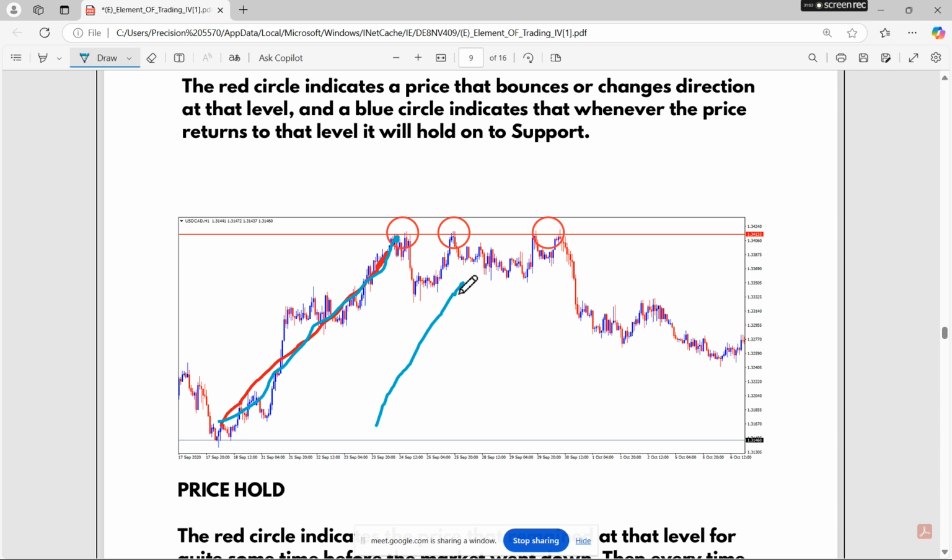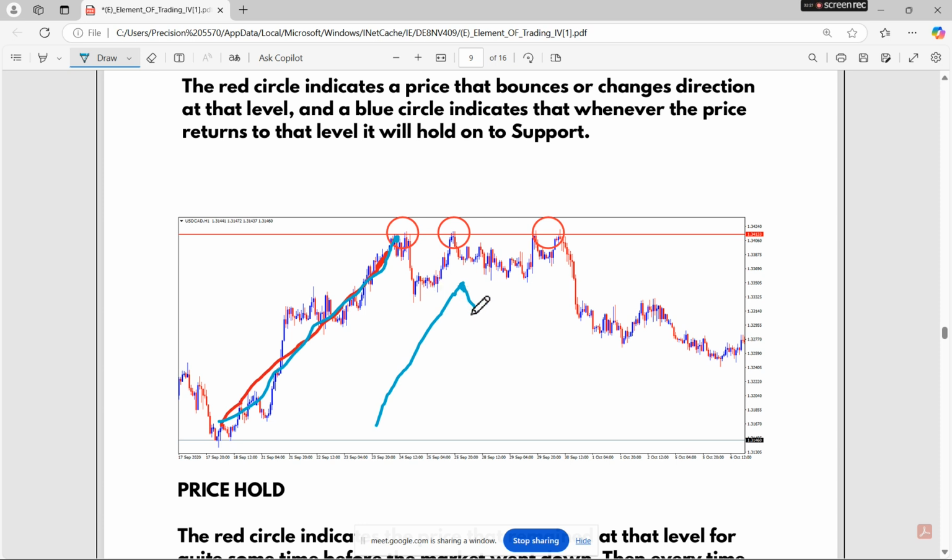So when sellers started putting in a lot of energy, if sellers manage to overpower the buyers, the market will start selling. So sellers will be targeting to create a resistance for future selling opportunities.